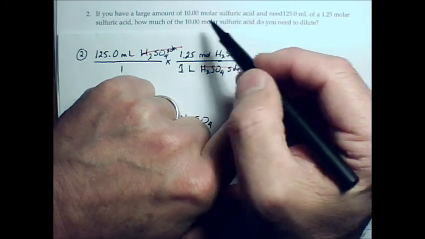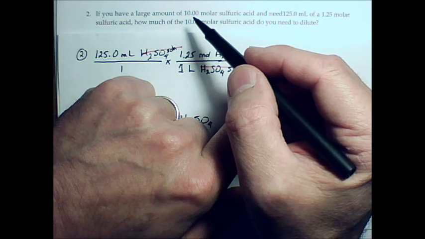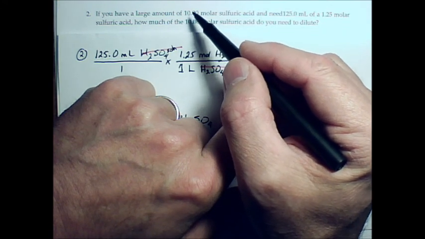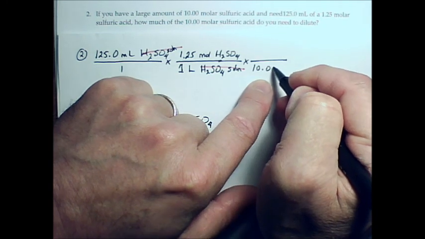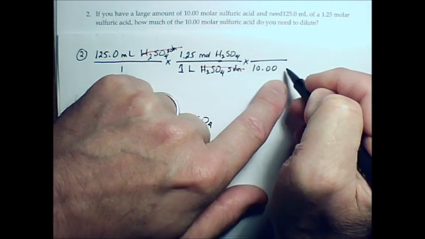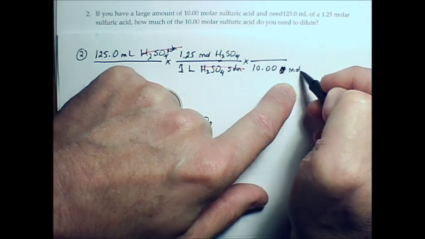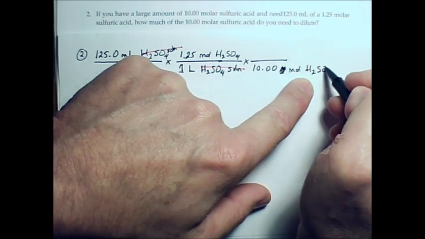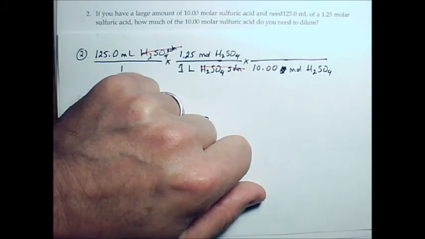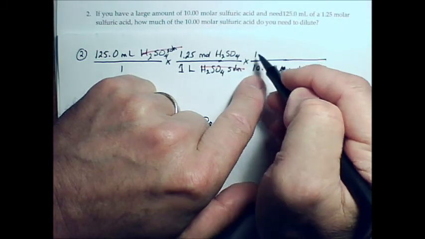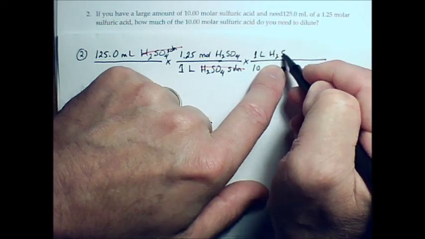Then I'm going to take the other concentration, the one I'm starting with in the actual dilution, and I'm going to flip it, and I'm going to put the 10 moles of H2SO4, and the 1 liter of H2SO4 solution on the top.